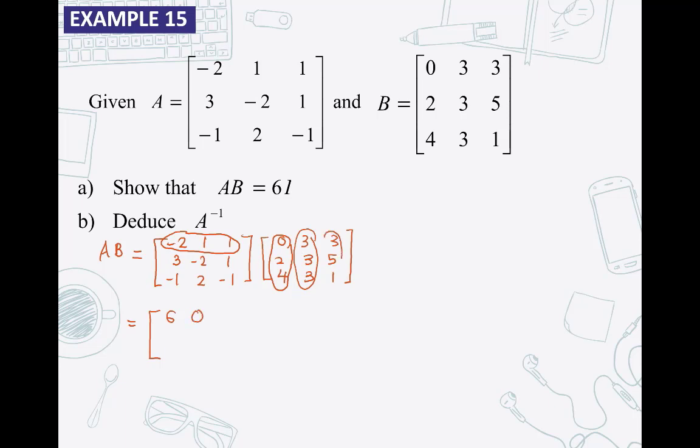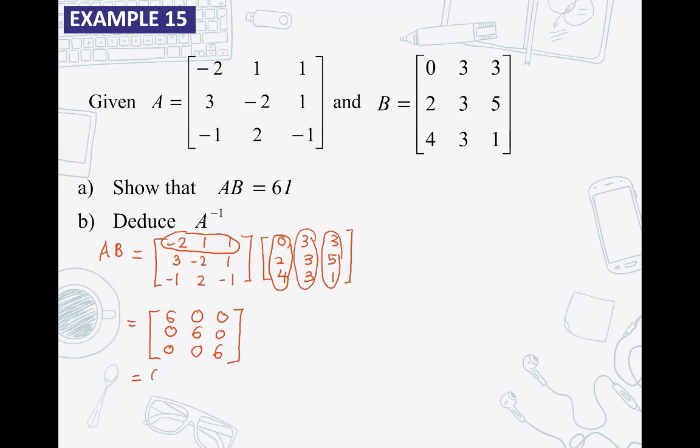And row 1 times column 3. So negative 6 plus 5 plus 1 is also going to give us 0. And so on. So please try this on your own. So after you multiply, you will be getting 600, 060, 006.